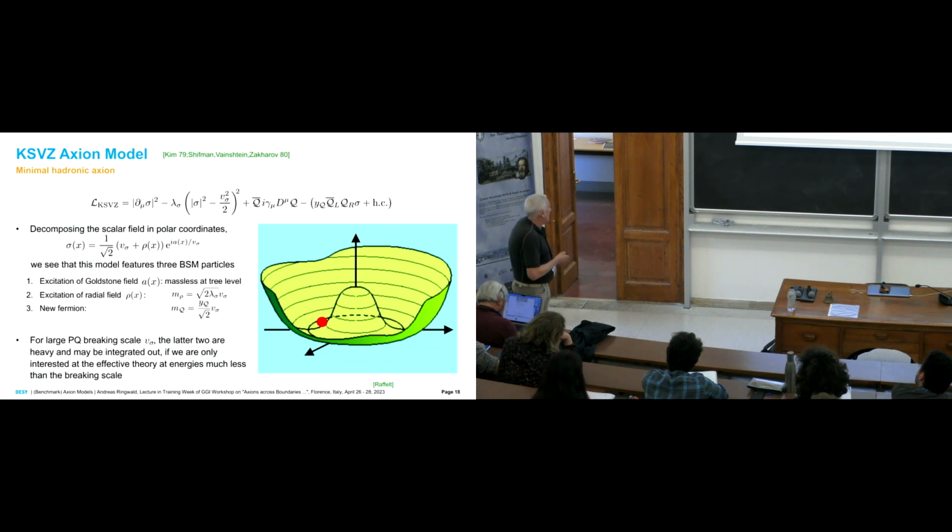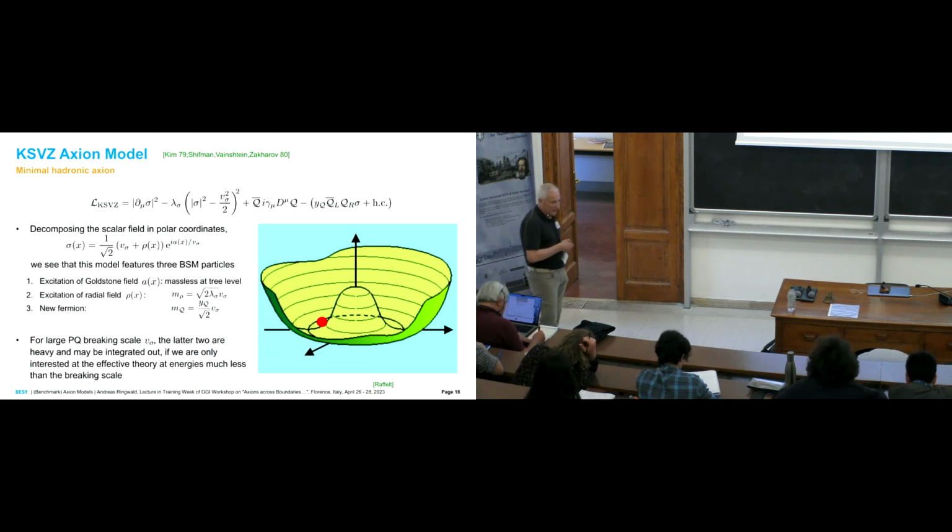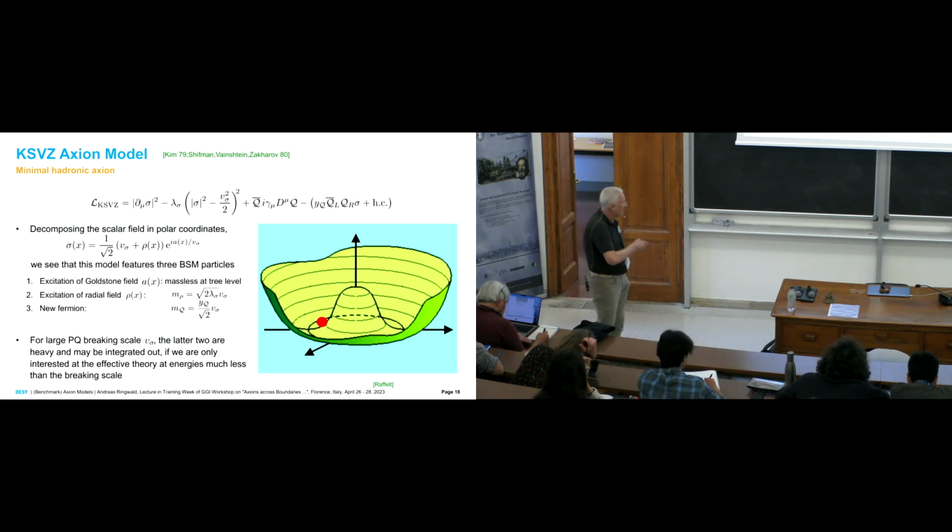So we suppose that for a large Peccei-Quinn symmetry breaking scale v_σ, these latter two particles are heavy and they may be integrated out if we are only interested in the effective theory at energies much less than the breaking scale.